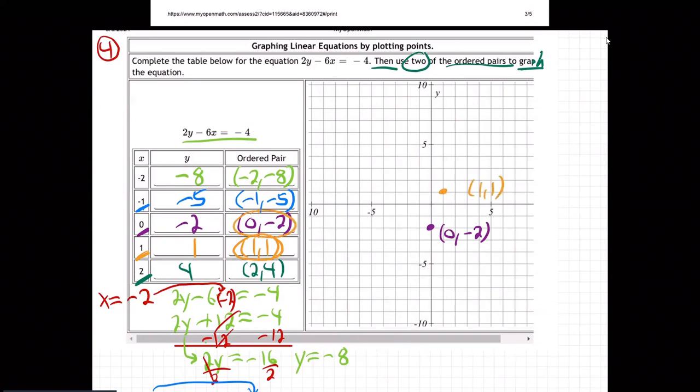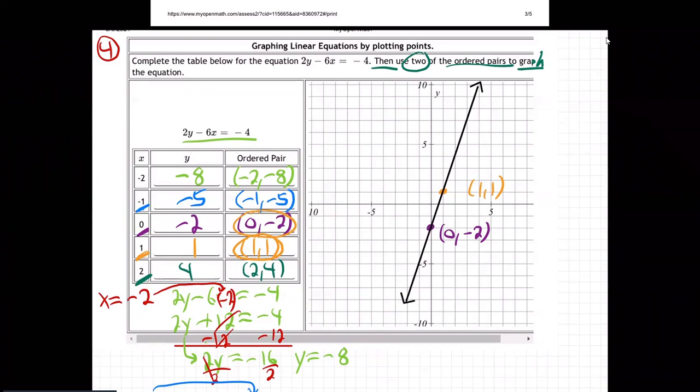So those 2 will make the line, and when you use the line making tool, the line will go right through those points.